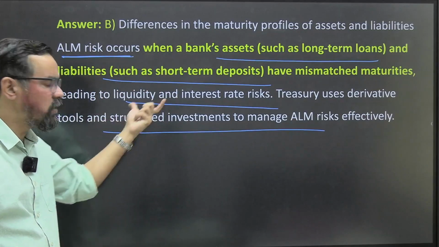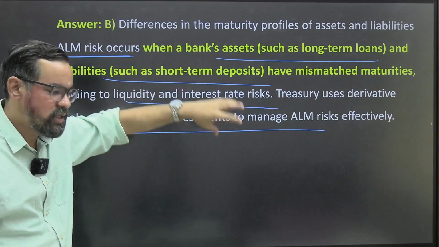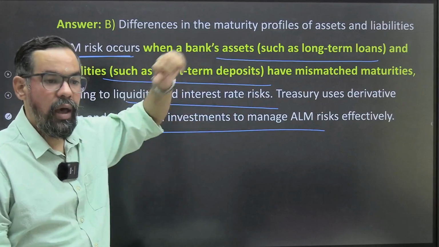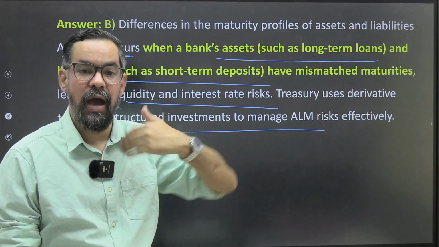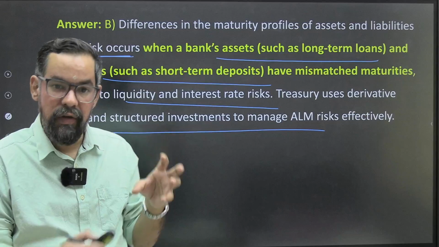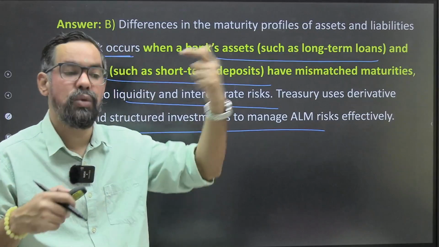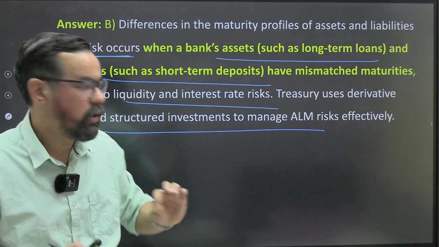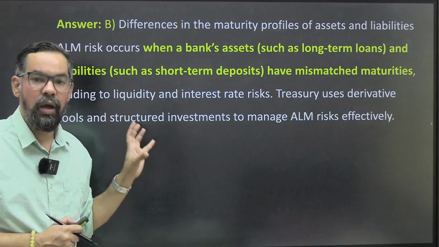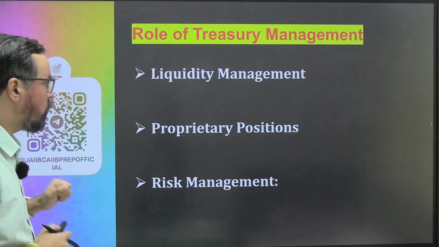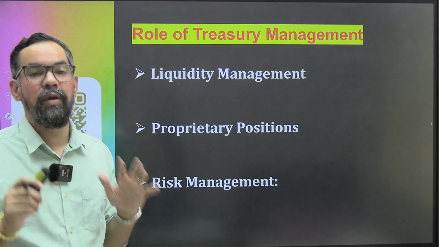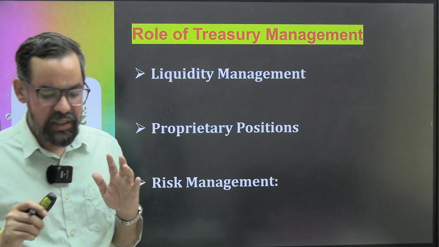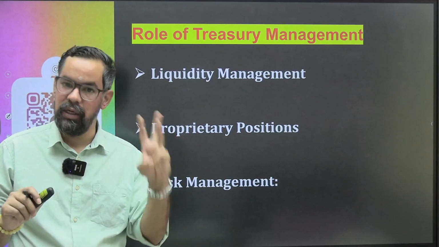As I gave you an example, this asset is going to mature at the end of 5 years, but we have to make payment in the third year. So we will use other assets which mature at the end of the third year. This way we are trying to create a balance. Now, the role of treasury management is broadly categorized into three different areas.